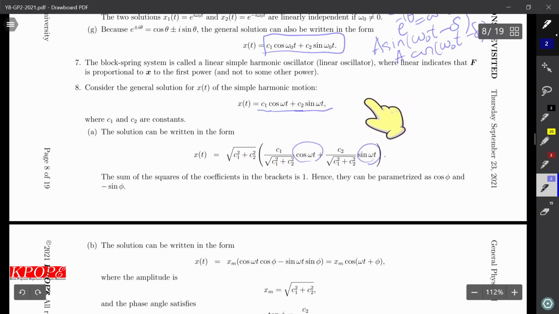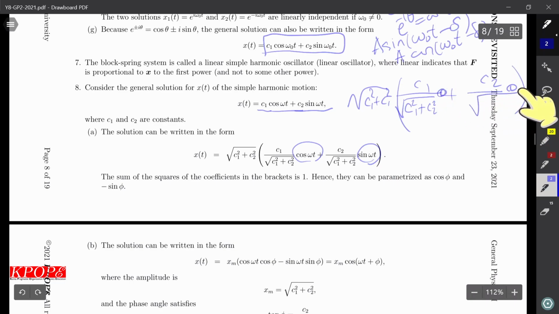We multiply by the square root of c1 squared plus c2 squared, and we have c1 over the square root of c1 squared plus c2 squared, and c2 over the same. The square sum of these two must be 1.